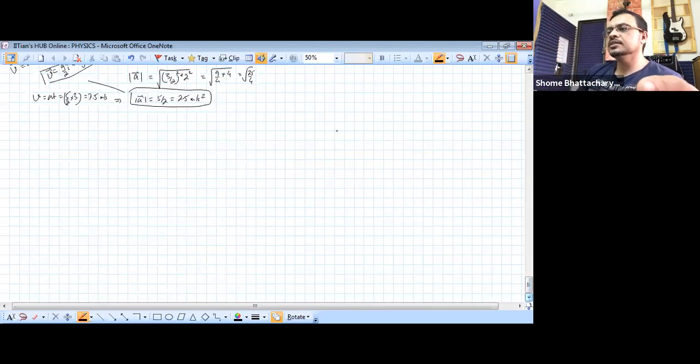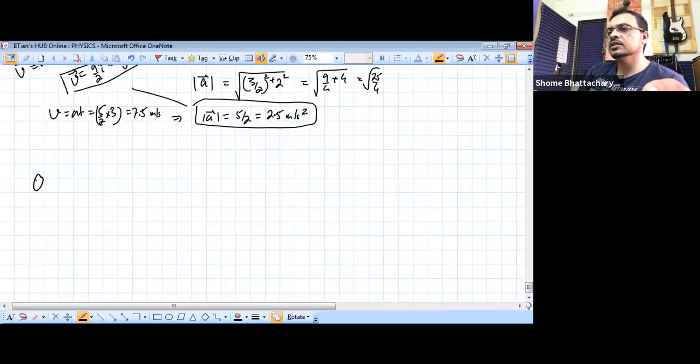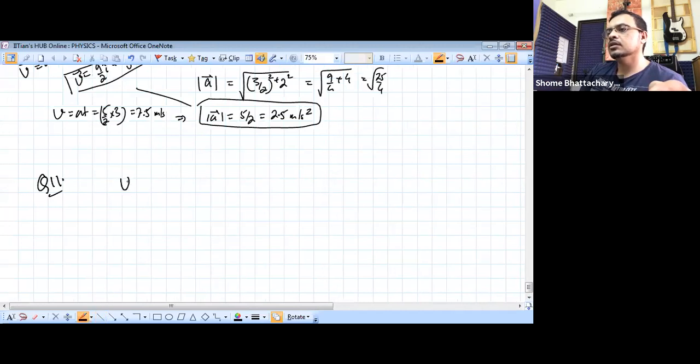I'll just give you a brief hint on how to do the 11th question. The velocity is given to you as a function of time. So you can find the acceleration by differentiating the velocity. Now you have to find force, which is mass into acceleration.